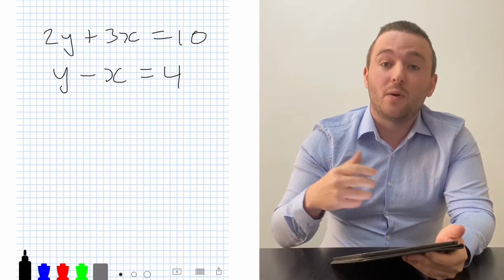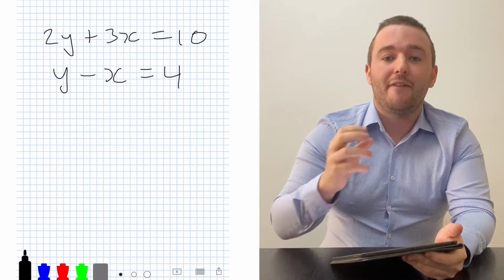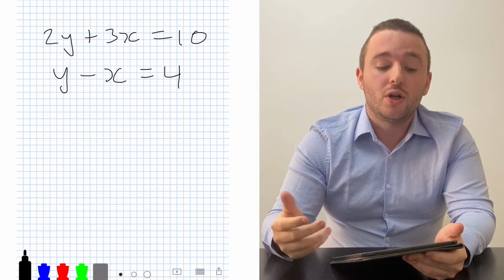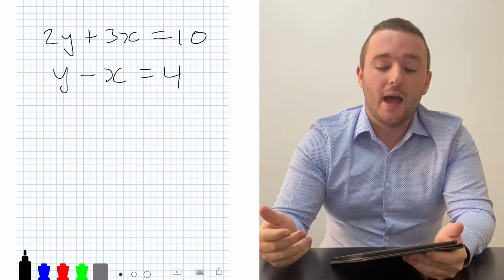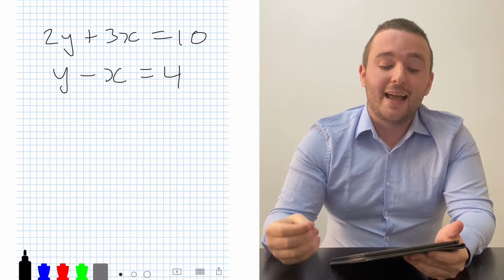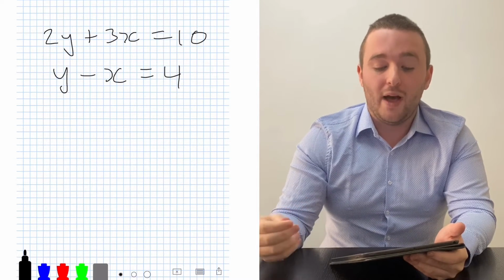So now that we've looked at the cancellation method, let's have a little look at the substitution method. Substitution works by getting one of the equations to being a variable equals. So let's use the same example as before, 2y plus 3x equals 10 and y minus x equals 4. Let's get one of the equations to being y or x equals.